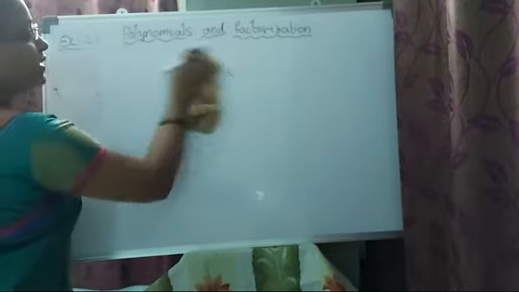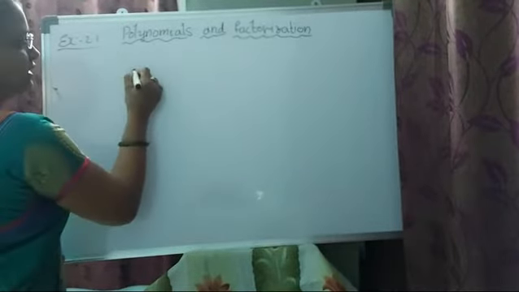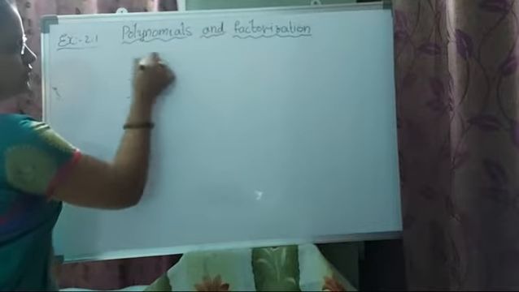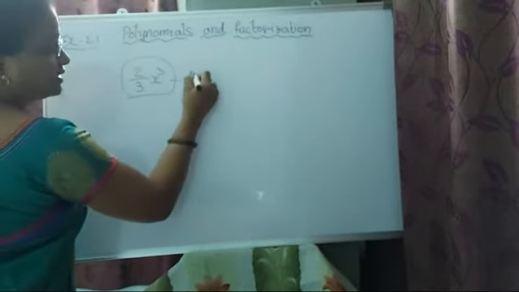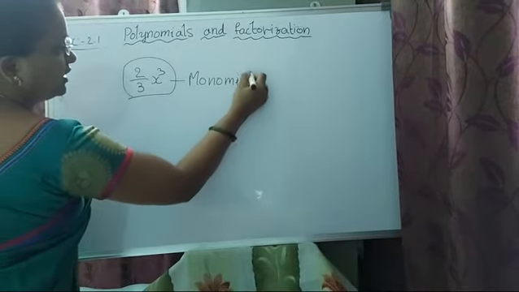See, if a polynomial contains one term, that is 2 by 3 x cube, only one term, we call it a monomial.